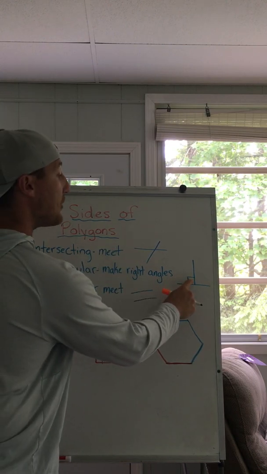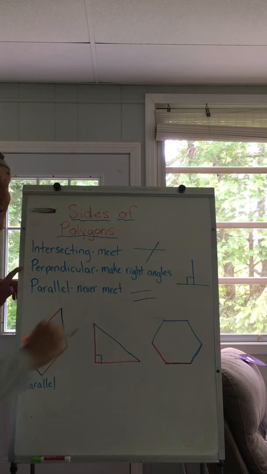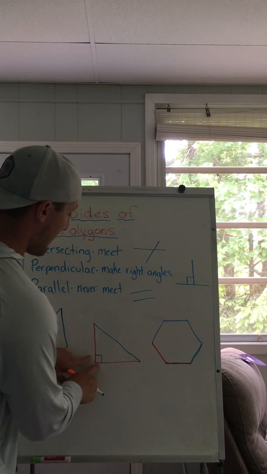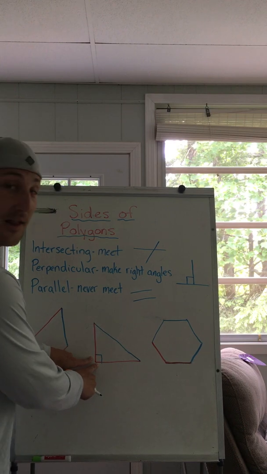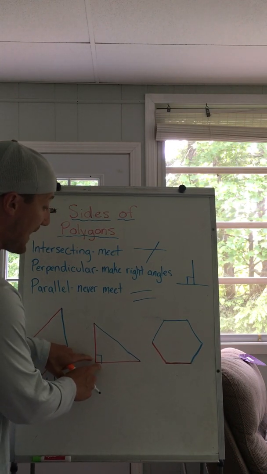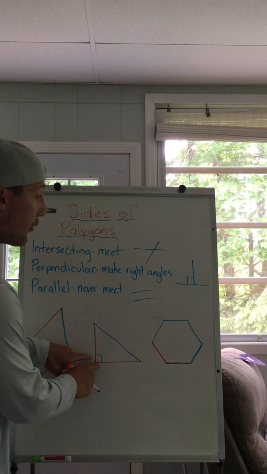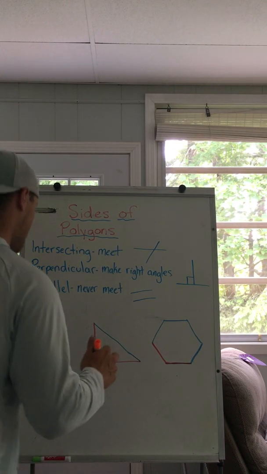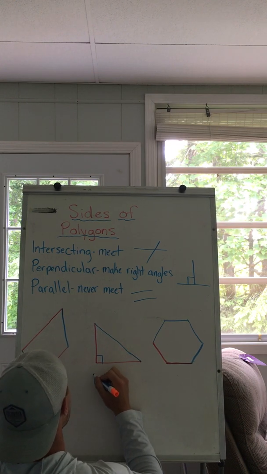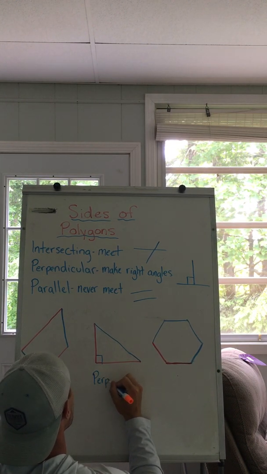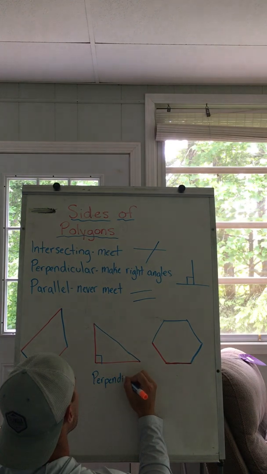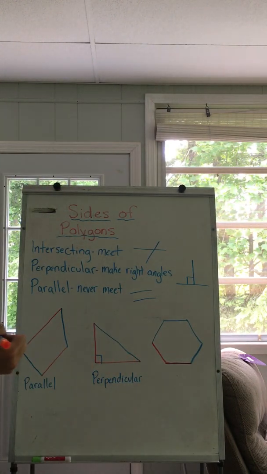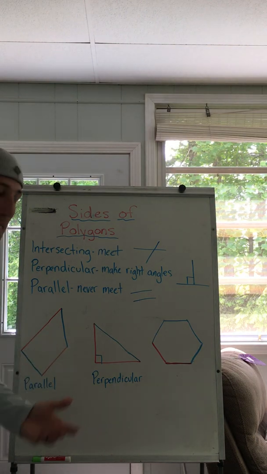Remember that I know it's a right angle if someone draws a little box in the angle where those two lines meet. Well, let's see. These two lines meet right here, and a little box. That's telling me that this is a right angle. So if there's a right angle formed where these two lines meet, then it must be perpendicular sides. So I'm going to go ahead and write perpendicular. Awesome. And I know they're not parallel because I can see them meeting.